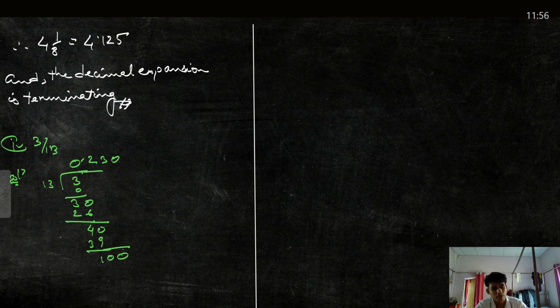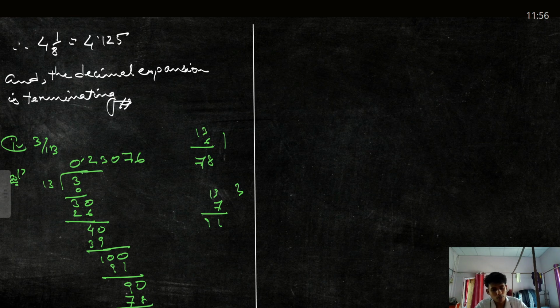It becomes 100. Now 13 times 7 is 91, so it becomes 90. Then 13 6s are 78.